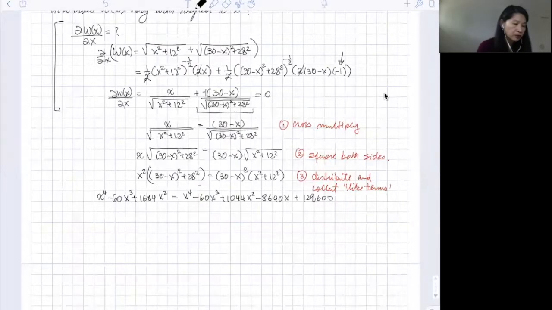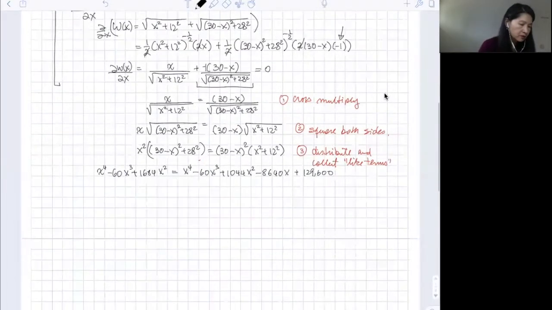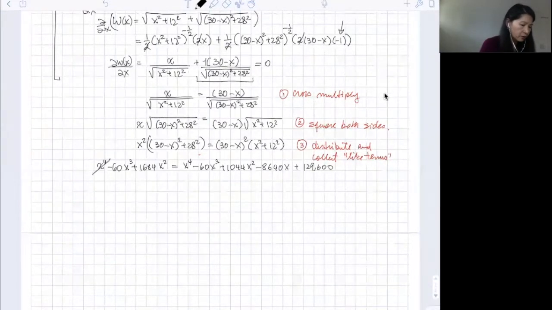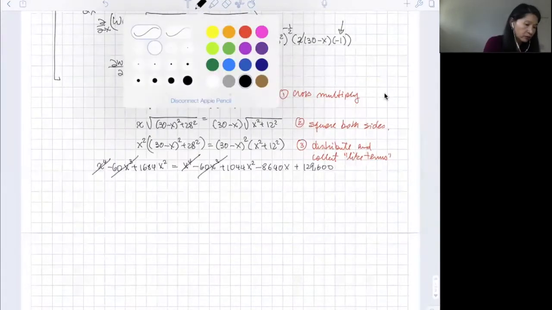And the point of working on this problem is to not be intimidated by complex expressions because you'll be seeing a lot of those. But watch what happens. Many terms cancel out and we go from a fourth order equation to a second order expression, which we are very familiar with.